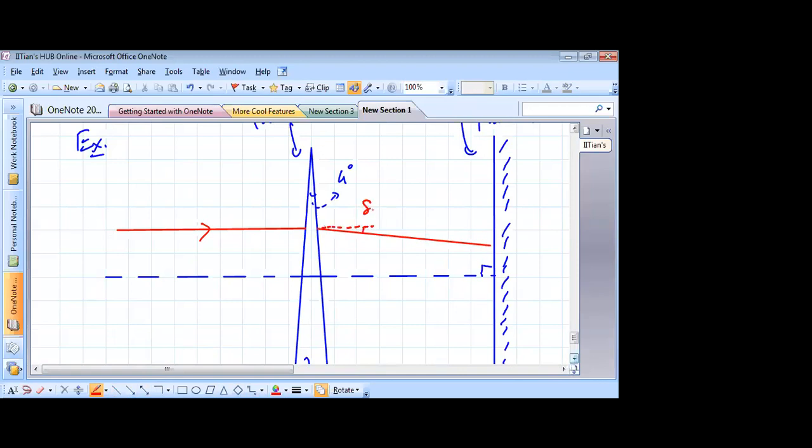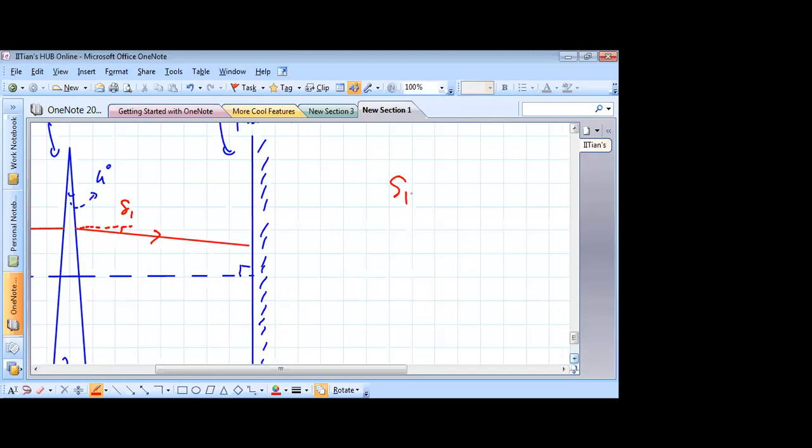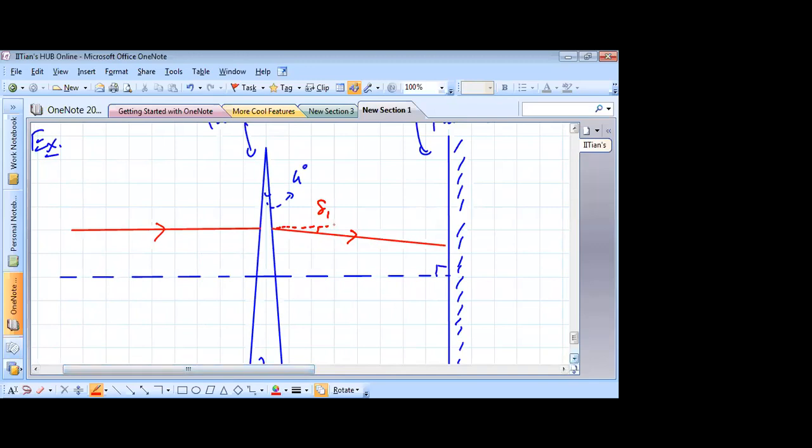So this is delta 1, let's say. So delta 1 will be mu minus 1 into angle of the prism. It will be 2 degrees. Then it is making an angle of incidence equal to delta 1.